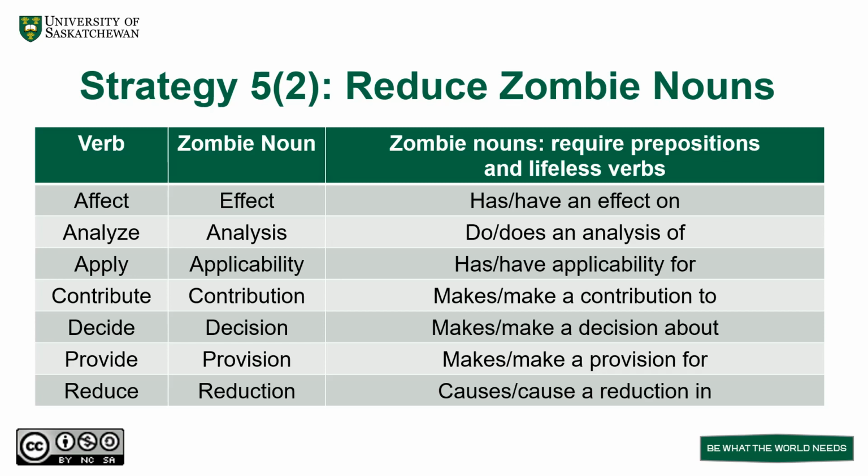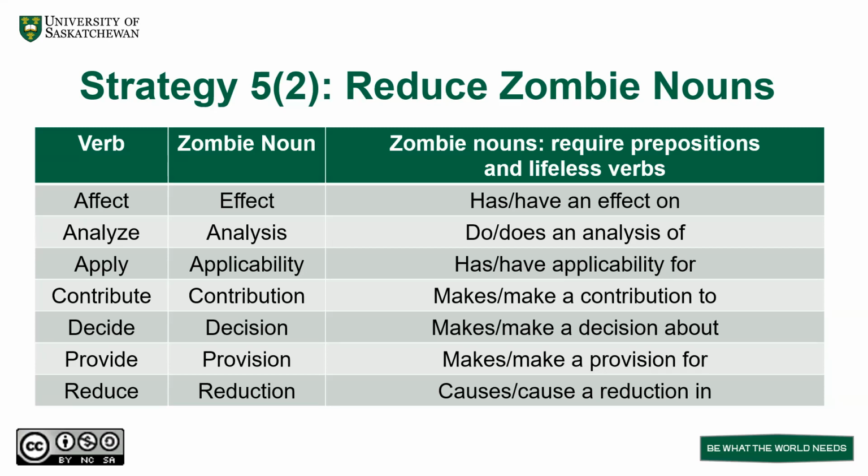And the benefit of this is that it will generally lead to more active sentences, and it will also reduce wordiness, because the issue with these nominalized nouns or these zombie nouns is that you need to prop them up with prepositions and additional verbs for them to make grammatical sense.